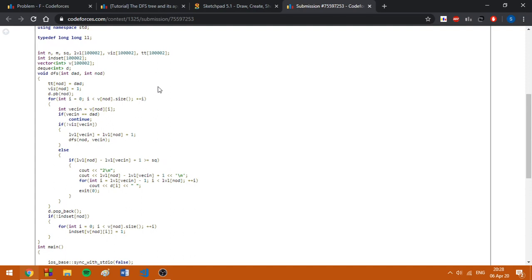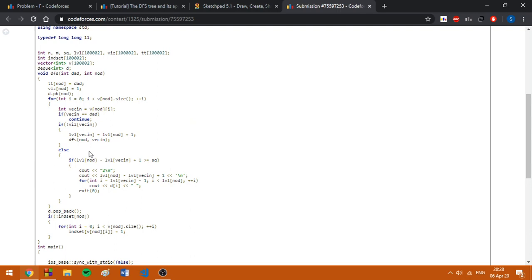Basically, if we didn't visit a vertex, we will just add it to our DFS tree, and the edge between the current node and its neighbor will be a main edge in the DFS tree, and the level of the neighboring vertex will be bigger than the level of its father by 1.